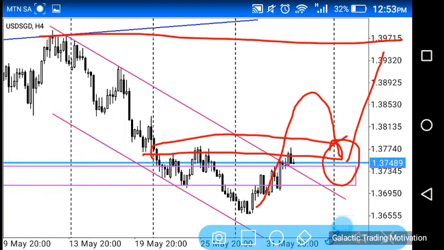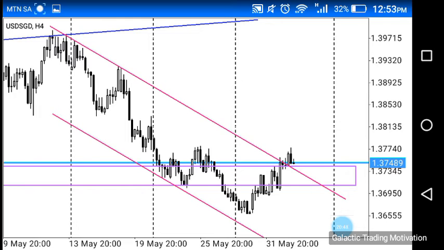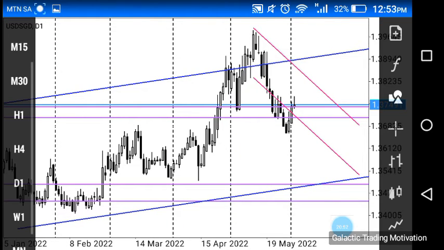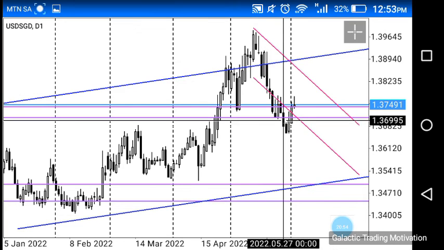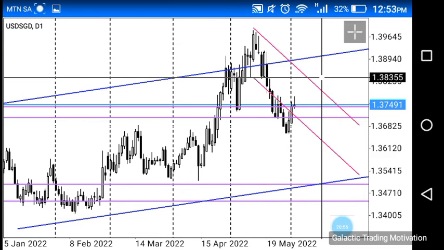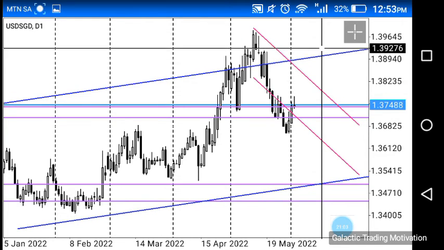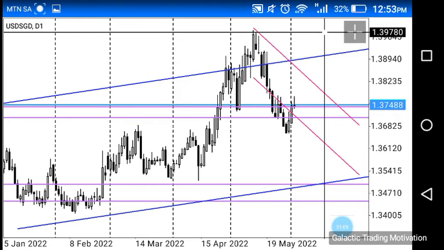I'll show you my second take profit zone. From here, I'm going to go to the daily chart. So my first take profit should be this area over here, which I pointed out on the H4 chart. And then the second take profit zone should be this zone over here, in my humble opinion.